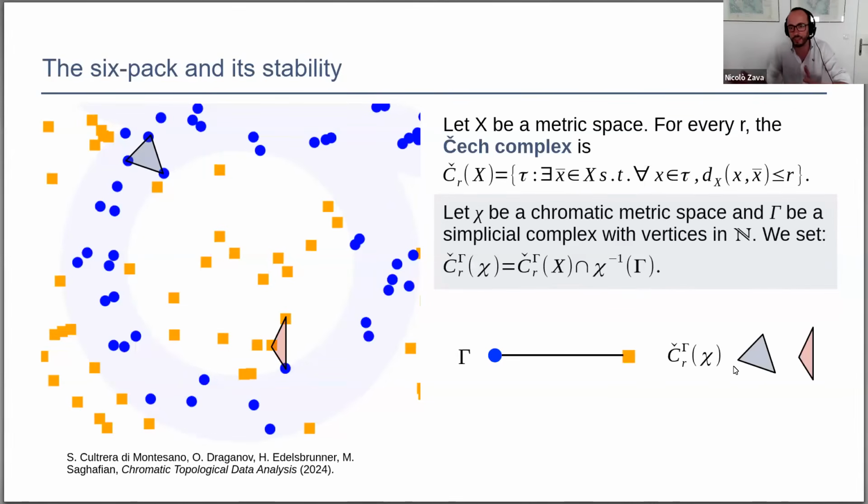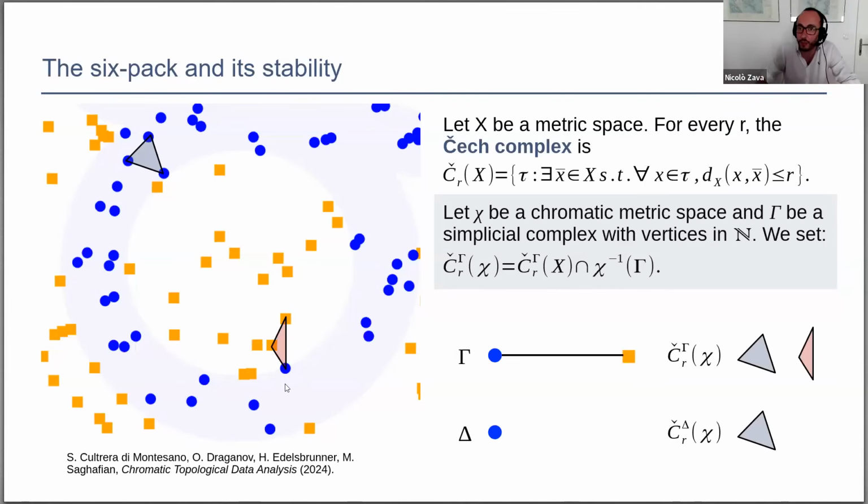It's actually precisely the Čech complex, but this is just because we have two colors. What if you take only the blue vertex? Well, if you choose gamma to be the blue vertex, then this triangle here, all the vertices are blue. Fine. That's a simplex.